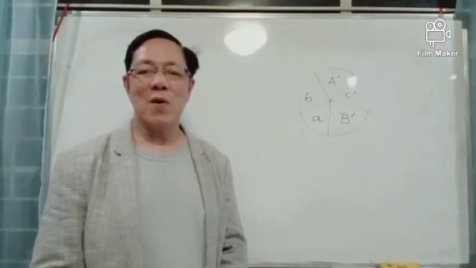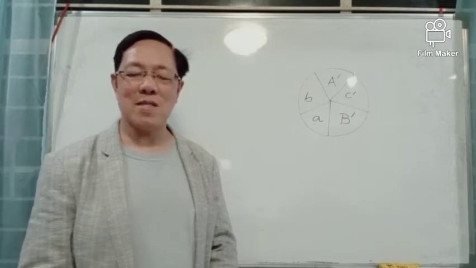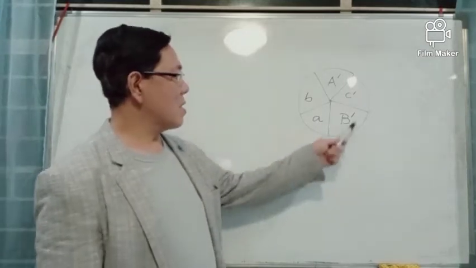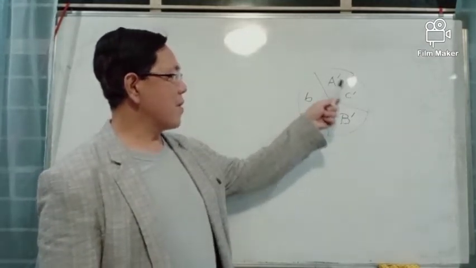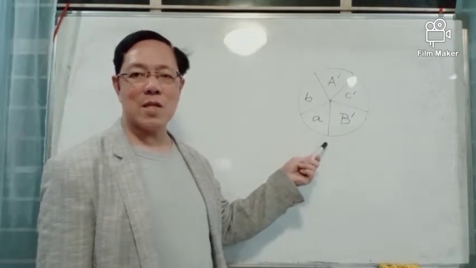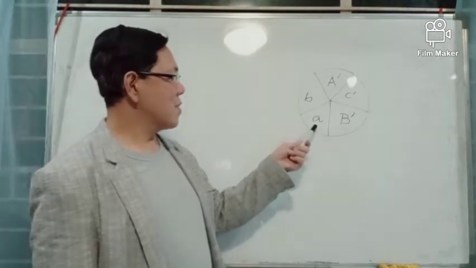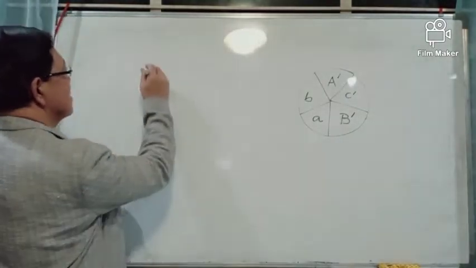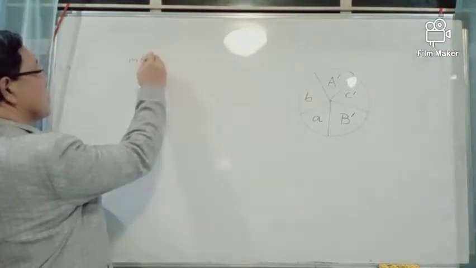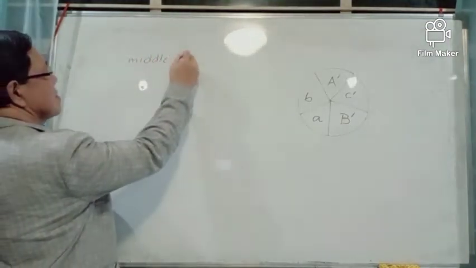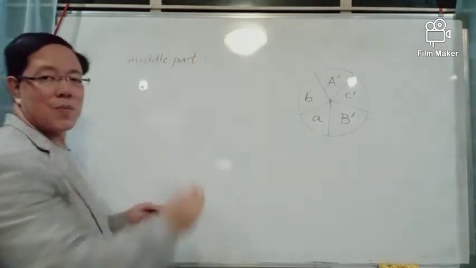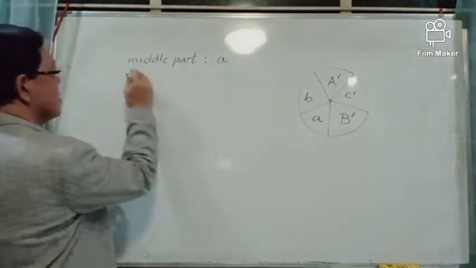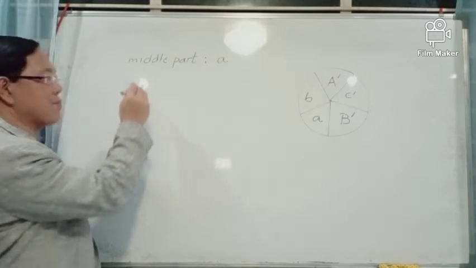We take an example for identifying the opposite parts and adjacent parts. To do that, we take each of these 5 parts in the circle as a middle part. First, we take the small a as the middle part. If the middle part is small a, we identify the adjacent parts.